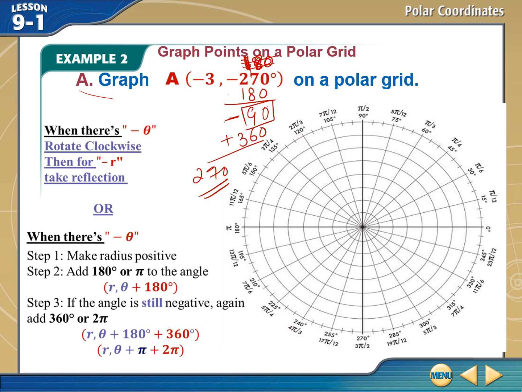Over here. So this is 270 and your R is 3. So 1, 2 and 3. So this gives us -3 and -270 degrees.